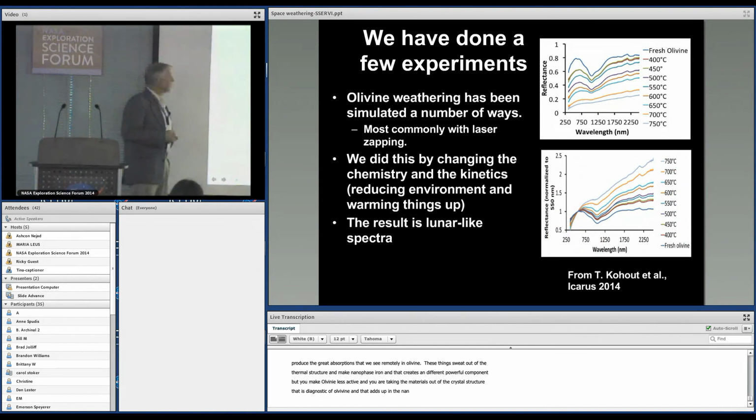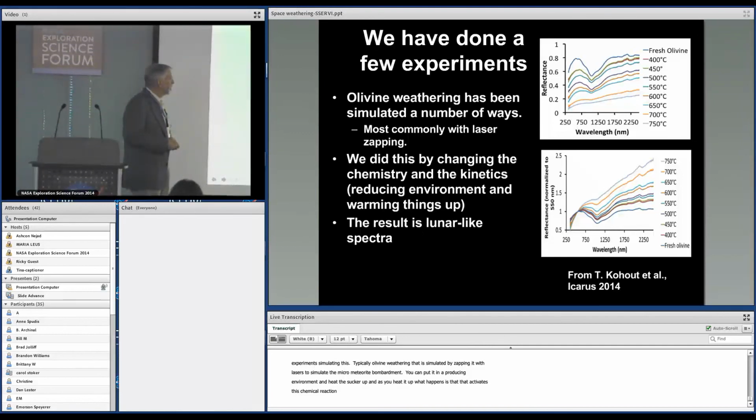We've done some experiments simulating this. Typically, olivine weathering is simulated by zapping it with lasers to simulate the micrometeorite bombardment. But what you can do is just put it in a reducing environment and heat the sucker up. And there's your nice olivine absorption with fresh olivine. As you heat it up, that activates this chemical reaction.